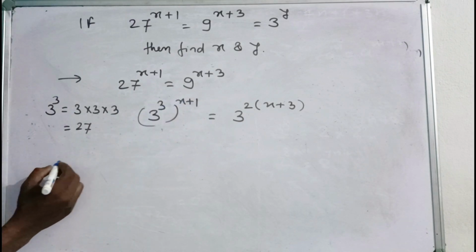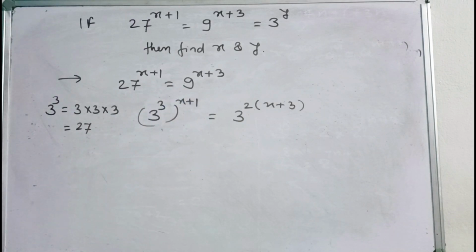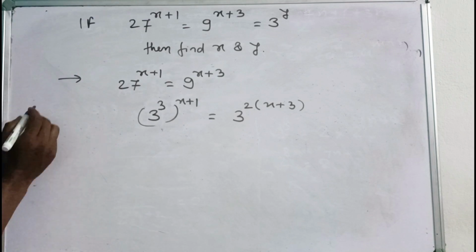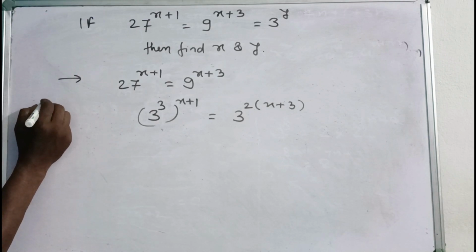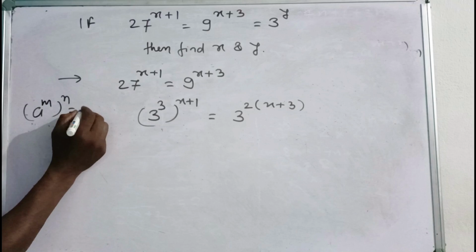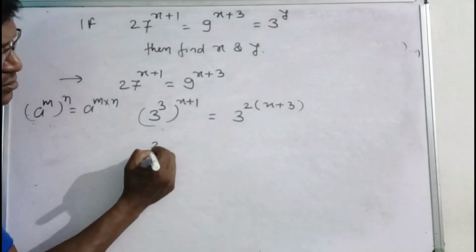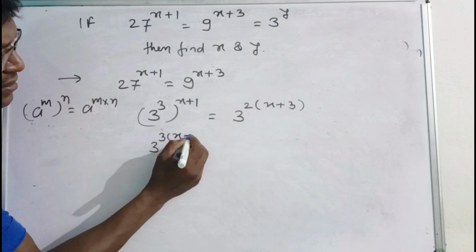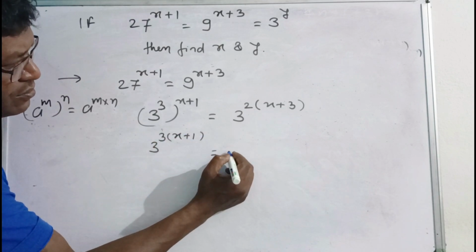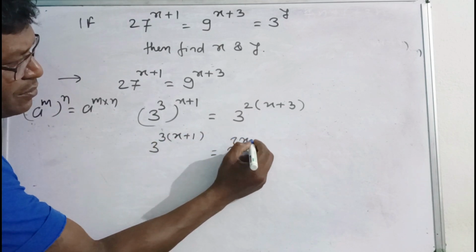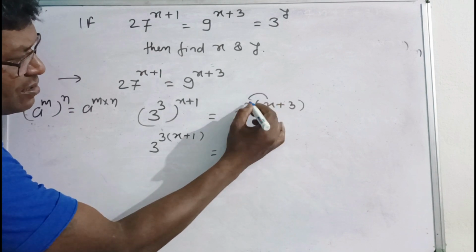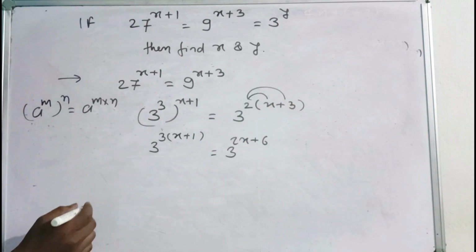We are using the property here: a raised to the power m raised to the power n is nothing but a raised to the power m into n. So 3 raised to the power 3 in bracket x plus 1 is equal to 3 raised to the power 2x plus 6. Multiplication of this and multiplication of this.